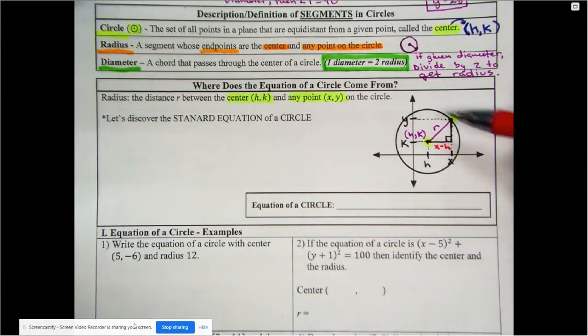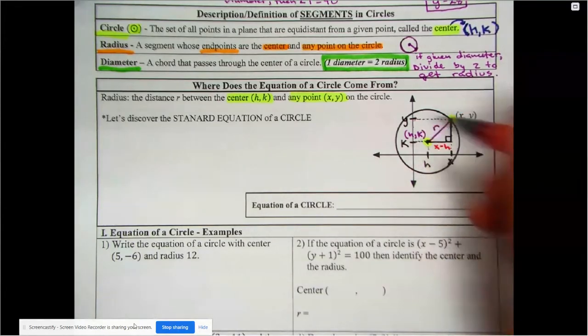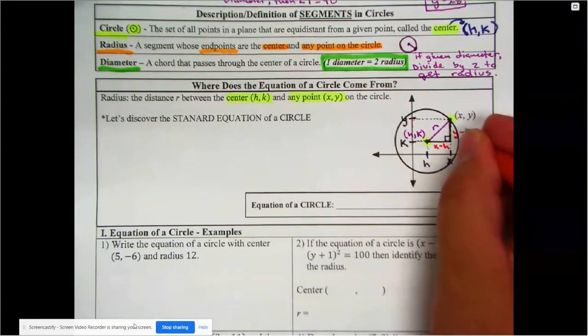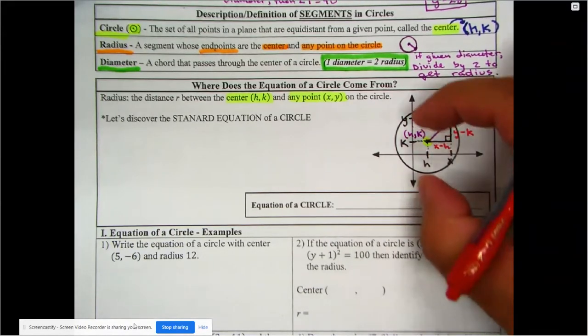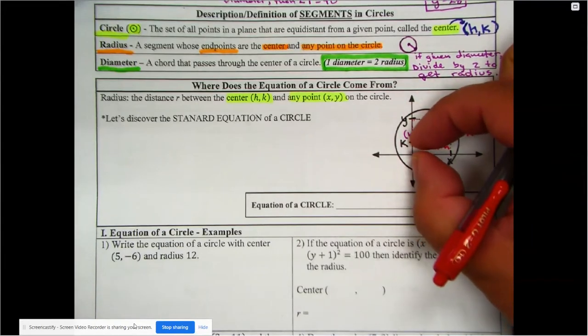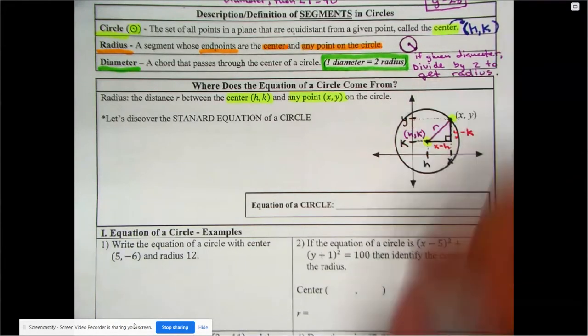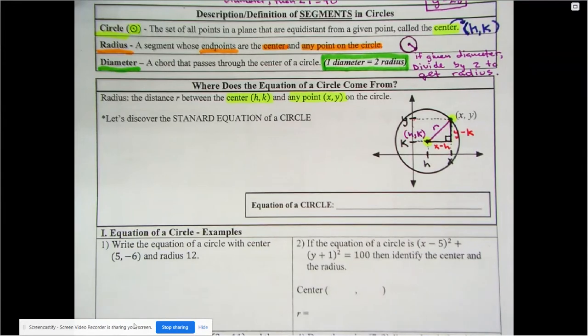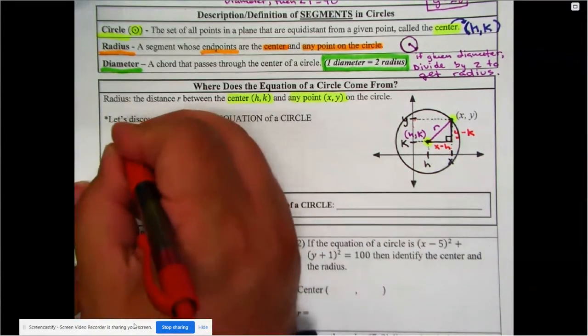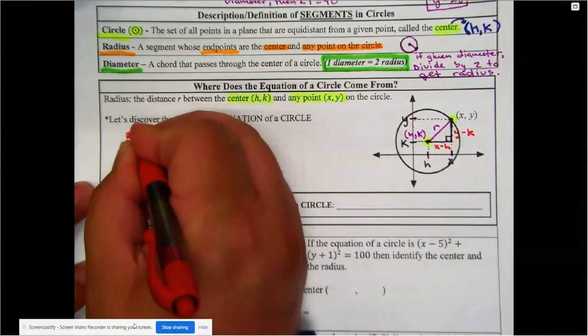And I would do the same distance from here to here. If I want to find out how far it is from here to here, I would take the bigger number y, and then subtract the smaller value of k, because we're subtracting this segment here from the bigger segment. And so if we have a full triangle ready to go, the standard equation of a circle basically comes from the Pythagorean theorem.